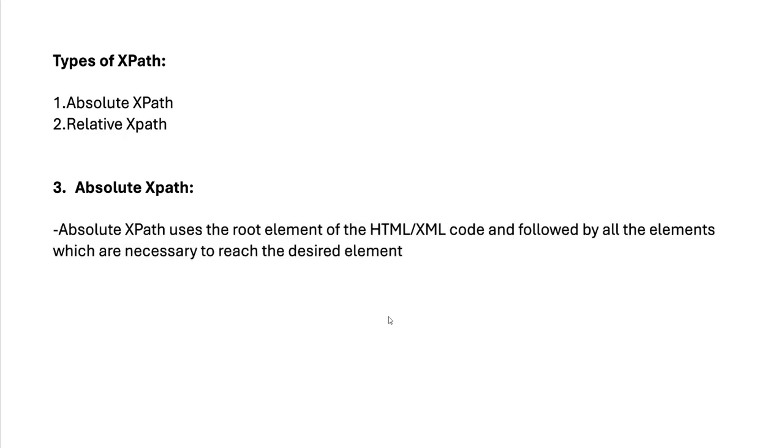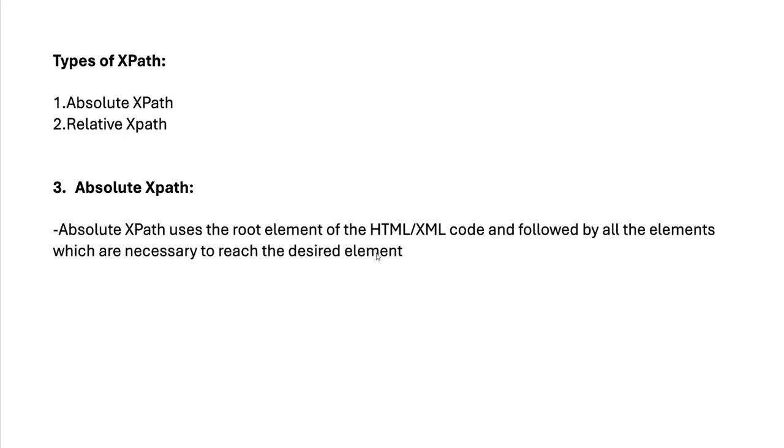There are different types of XPath. There are basically two: absolute XPath and relative XPath. There is a slight difference. Absolute XPath uses the root element of the HTML, followed by all the elements which are necessary to reach the desired element.